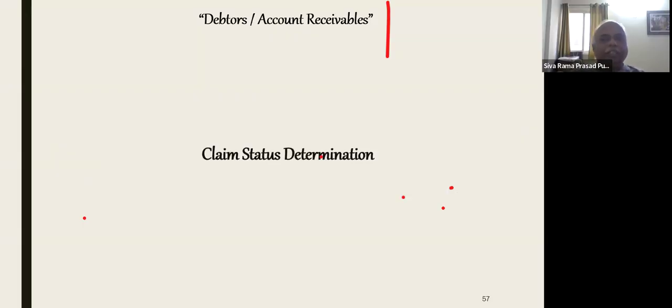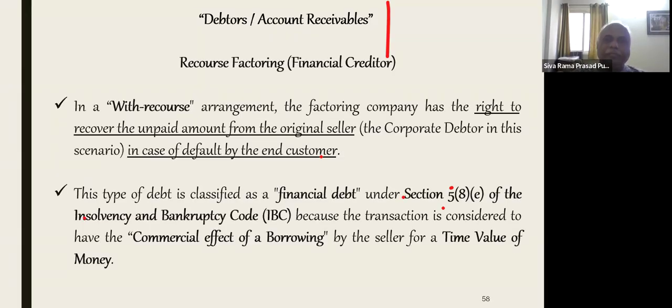Claim status determination. In a with recourse arrangement, the factoring company has the right to recover the unpaid amount from the original seller, that is the corporate debtor in this scenario, in case of default by the customer. Once the customers are not paying, it will recover from the company.